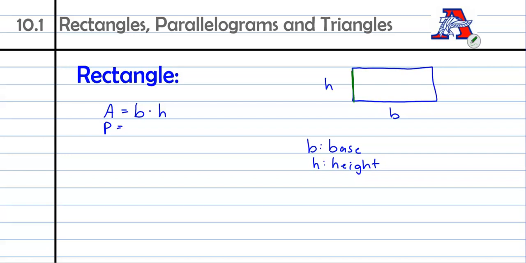We have 2 heights that need to be counted, and we have 2 bases that need to be counted. So what we could do is we could do 2b plus 2h. So that's probably the one that I'll stick with. So area equals base times height. Perimeter equals 2b plus 2h.